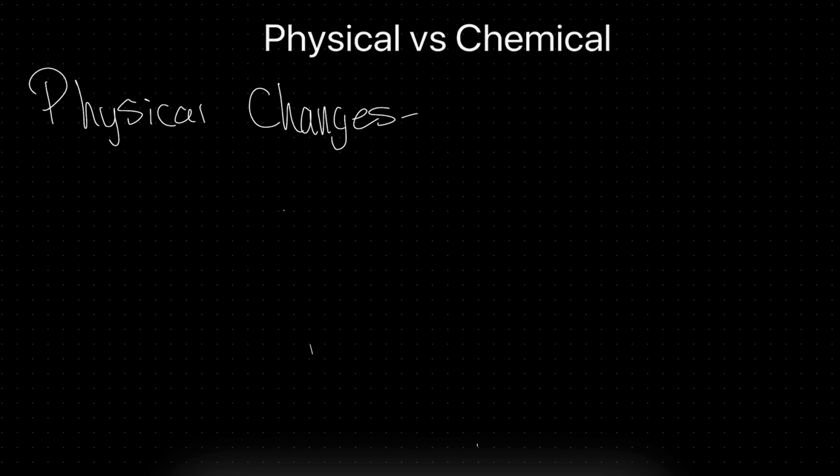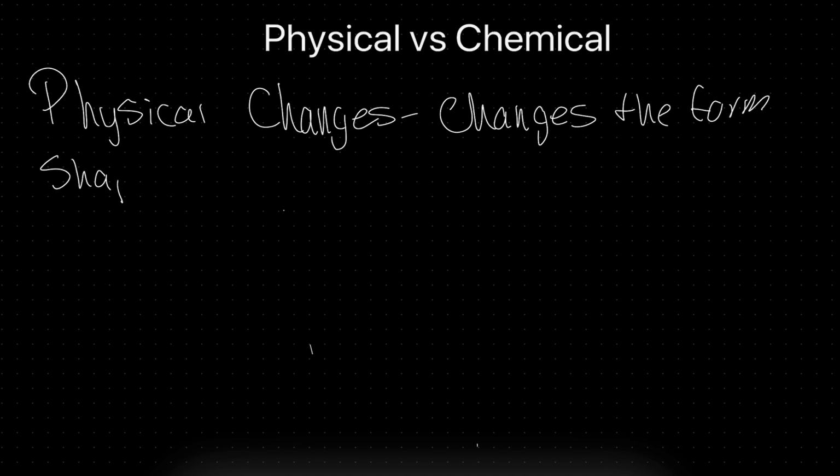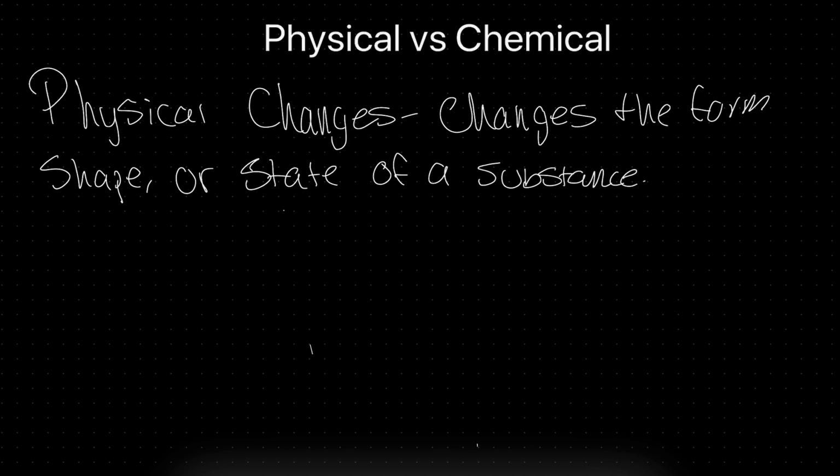So, a physical change changes the form, shape, or state of a substance. So, what are some key indicators of a physical change? Well, some key indicators are no new substance is formed.